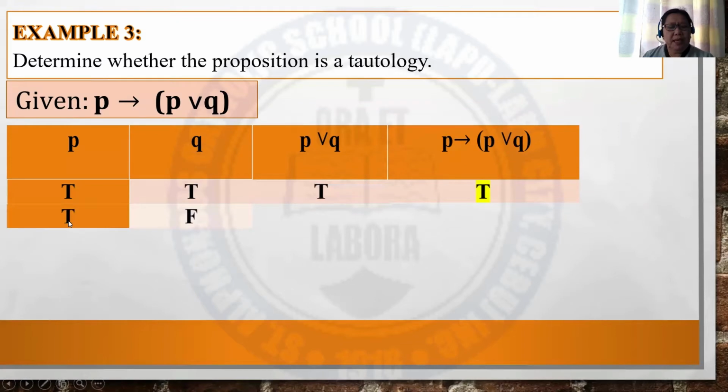If P is T and Q is F, then the disjunction of P and Q is T, and then the implication is T.